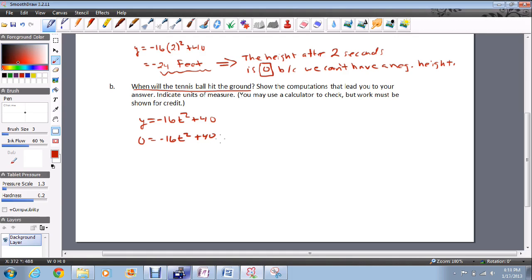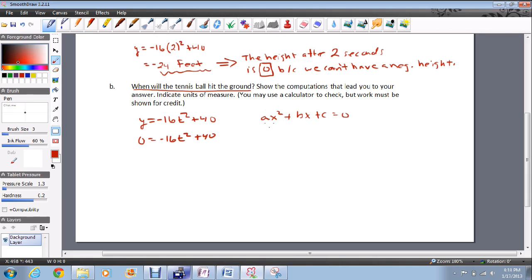This is pretty nice because we don't have to worry about doing the quadratic formula, because we don't have a quadratic in the form of ax squared plus bx plus c equals 0.